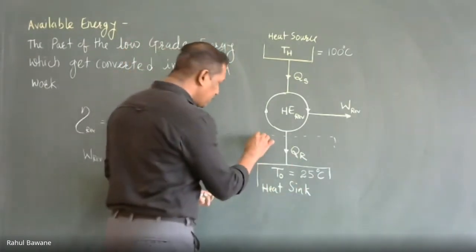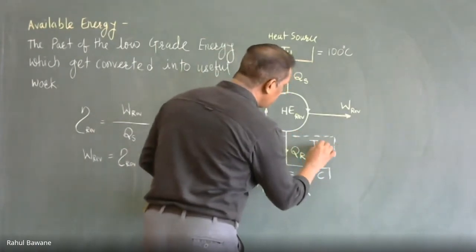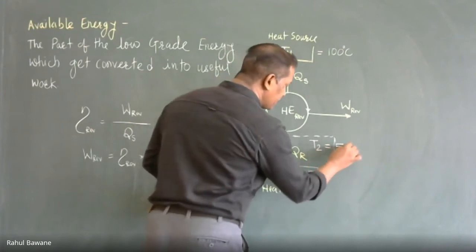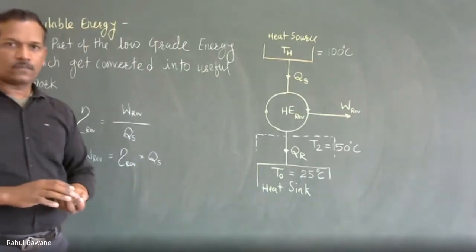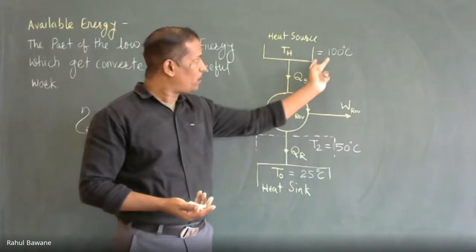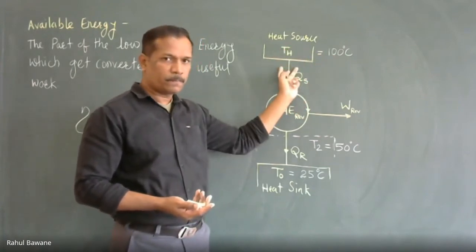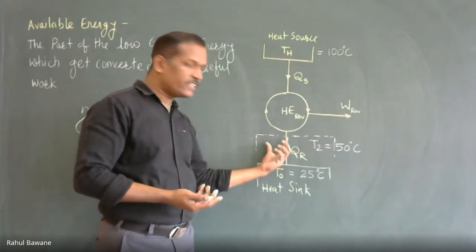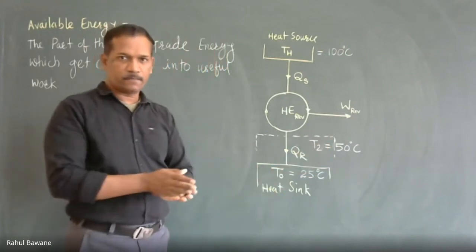Suppose that higher temperature heat sink is at T2 and it is 50 degrees centigrade. So I am taking heat from the 100 degrees centigrade heat source. Some part gets converted into work, some part is rejected to the heat sink which is at 50 degrees centigrade.